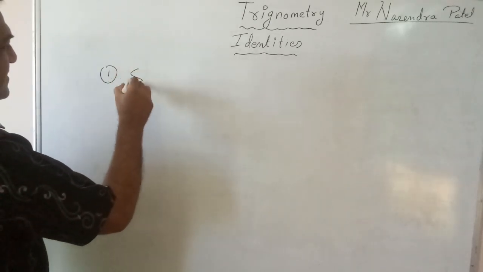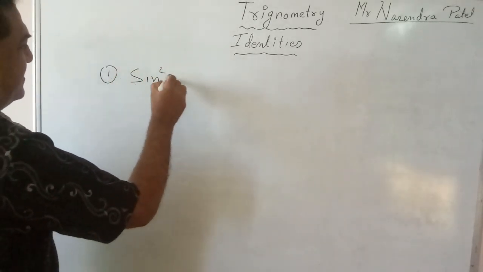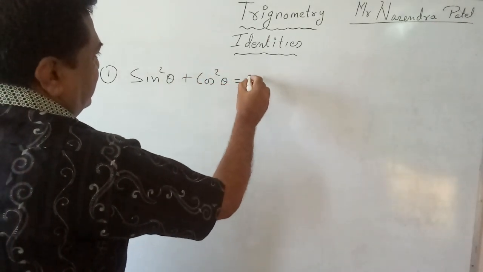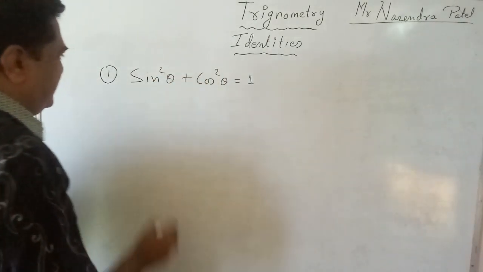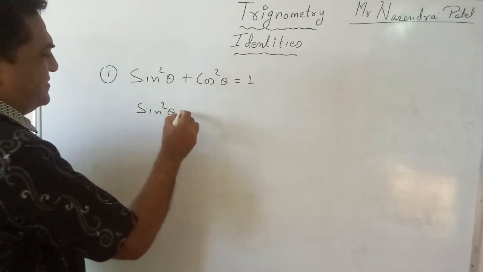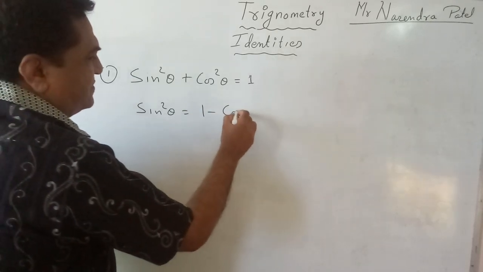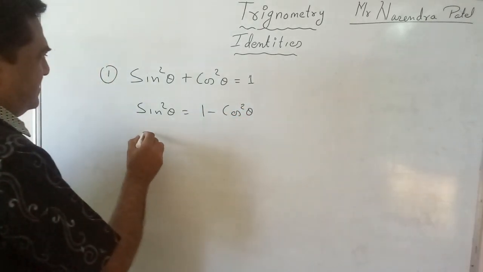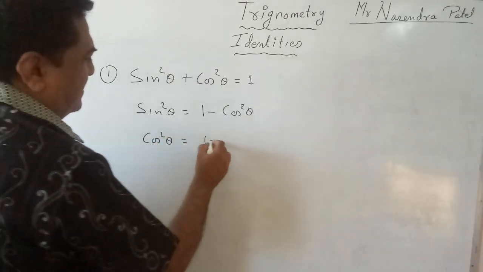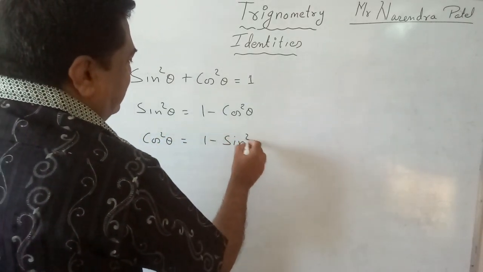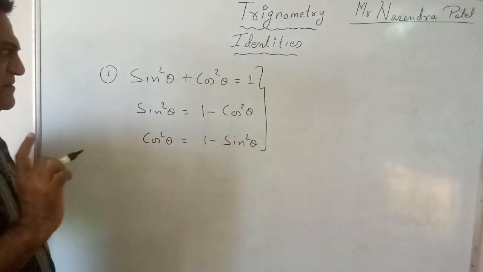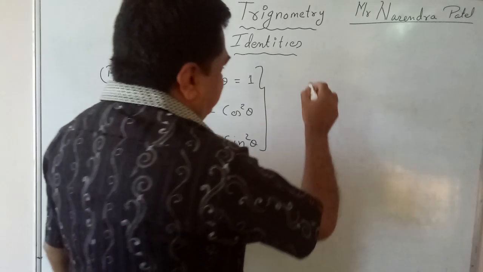First identity, sin square theta plus cos square theta is equal to 1. This is your first identity. From that I get sin square theta is equal to 1 minus cos square theta. Another is cos square theta is equal to 1 minus sin square theta. These three identities are the same, no change is there in them.